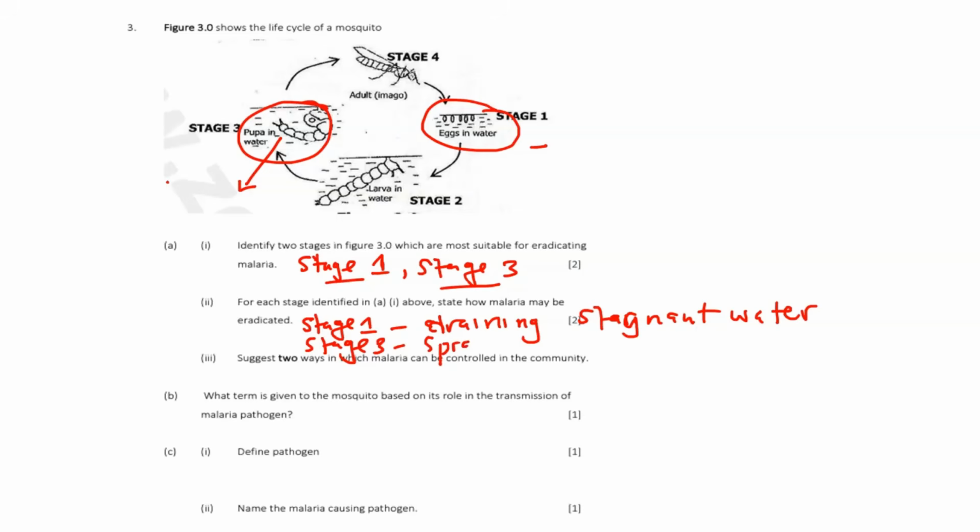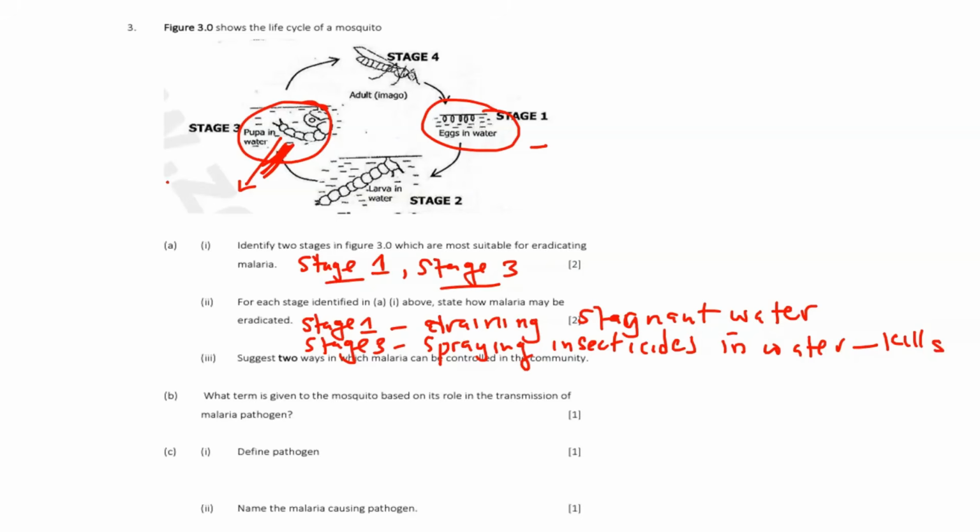Spraying insecticide in what? In water. Spraying insecticide in water helps to kill this stage. Okay, so it helps to kill the pupae, and of course helps in eradicating malaria.